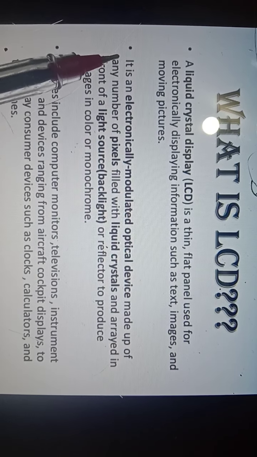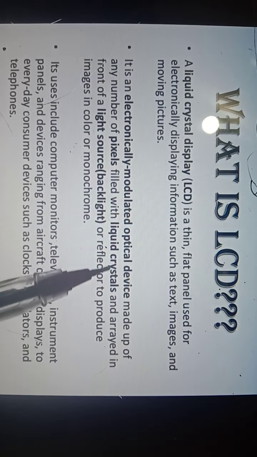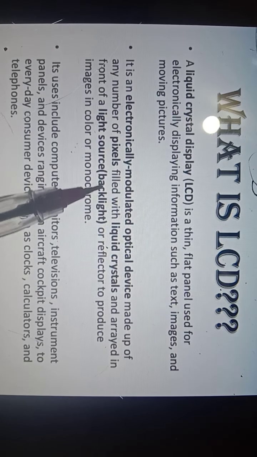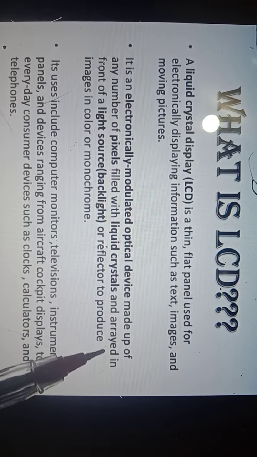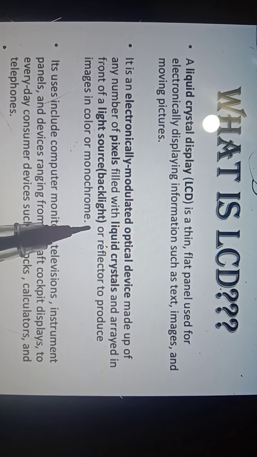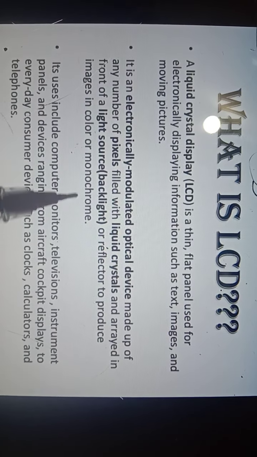The next point is that it is an electronically modulated optical device made up of any number of pixels filled with liquid crystals and arrayed in front of a light source, which may be a backlight or reflector, to produce images in color or monochrome.